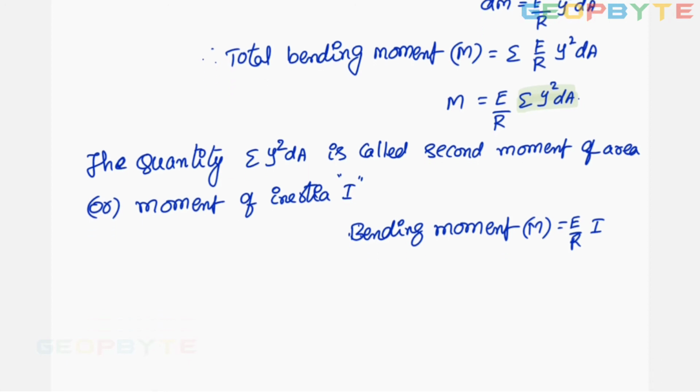From that I can write that M by I equals E by R. Let this be equation number 2.